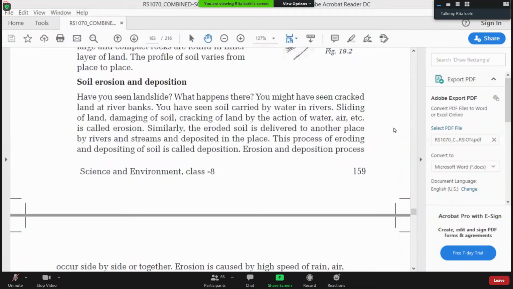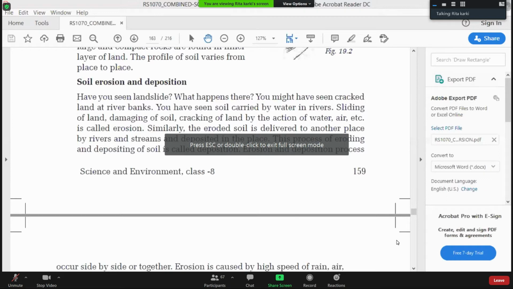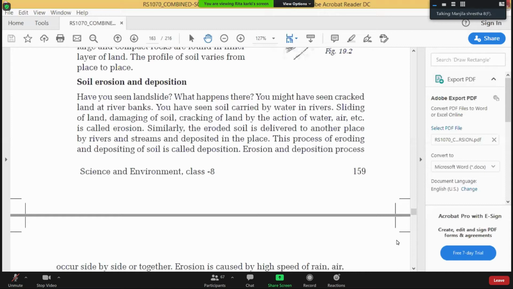What is soil erosion? The eroded portion, the layer of soil, is carried away by water and wind to other places by erosion.